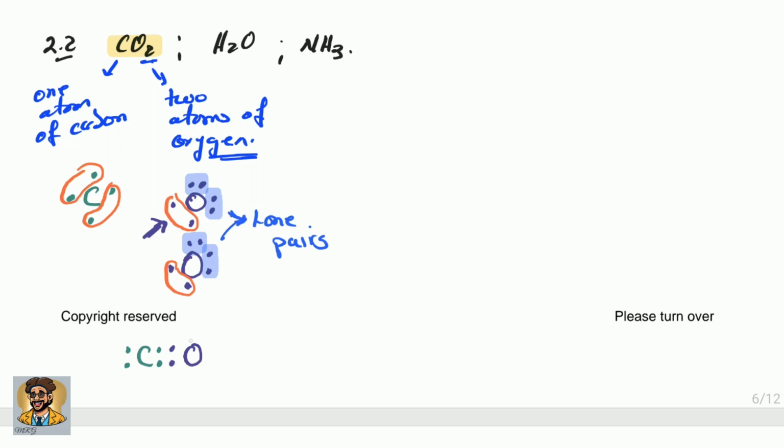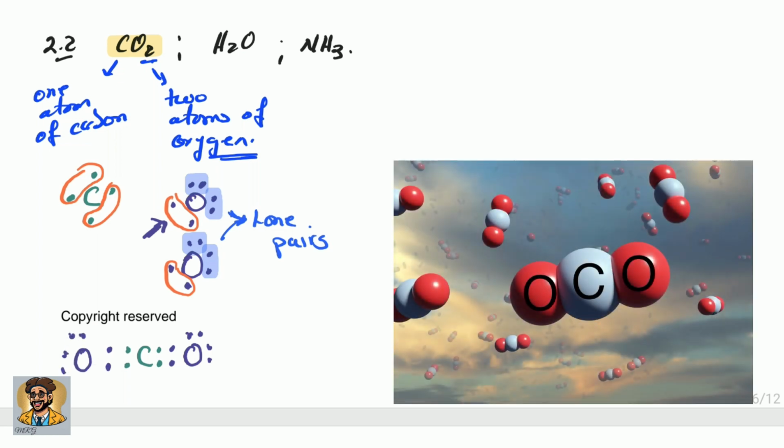The rest is the lone pair that we mentioned before. They cannot be moved or separated. The same happens on the other side. We have the oxygen here, and then there is the lone pair. This is the Lewis dot diagram for carbon dioxide.